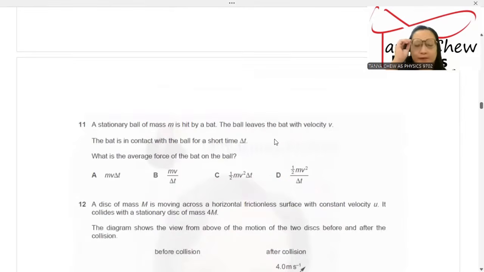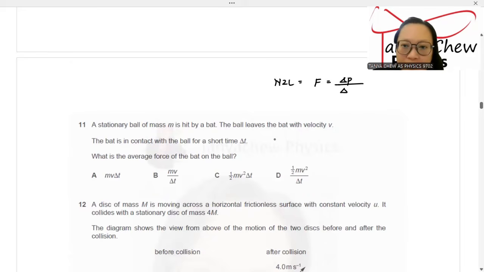Now, question number 11. A stationary ball of mass m is hit by the bat. The ball leaves the bat with a velocity v. The bat is in contact with the ball for a short time, delta t. What is the average force of the bat on the ball? If you recall, this is related to Newton's second law. Newton's second law states that the resultant force is equal to the rate of change of momentum.